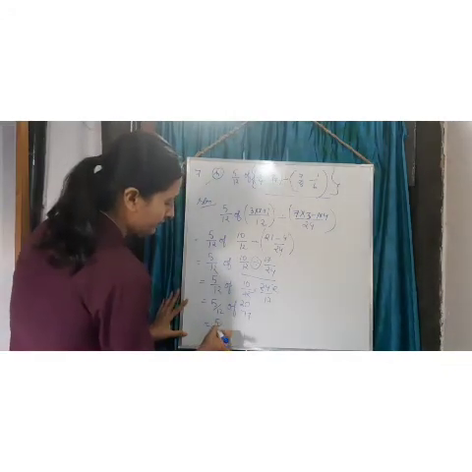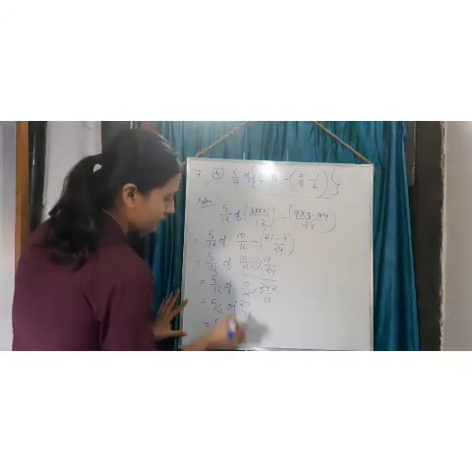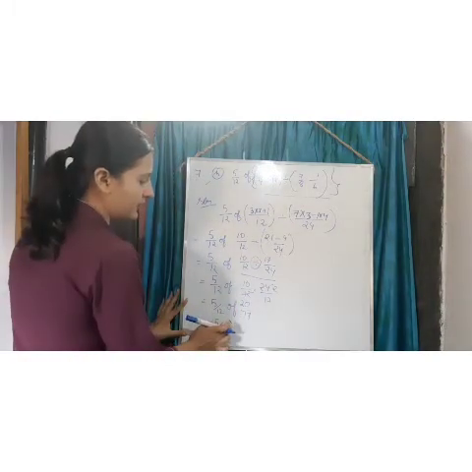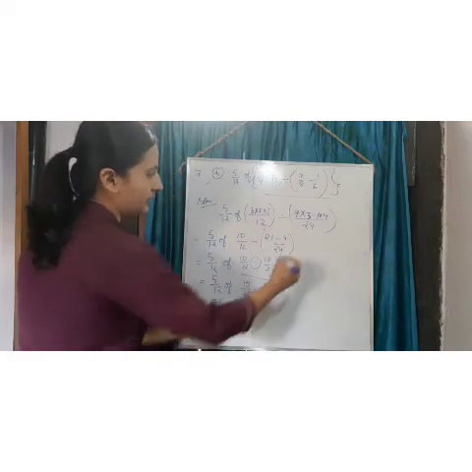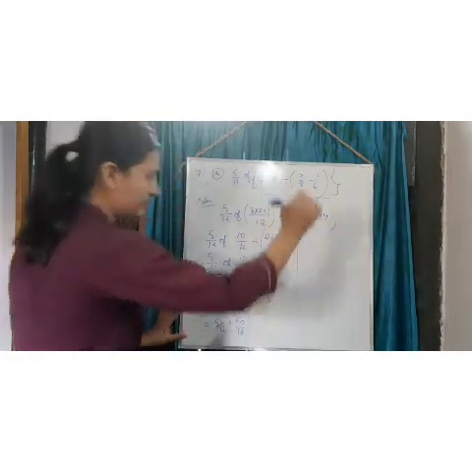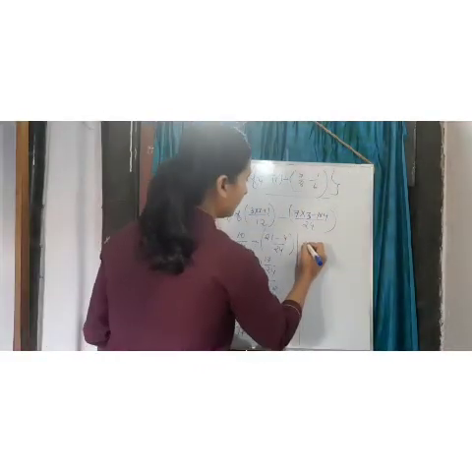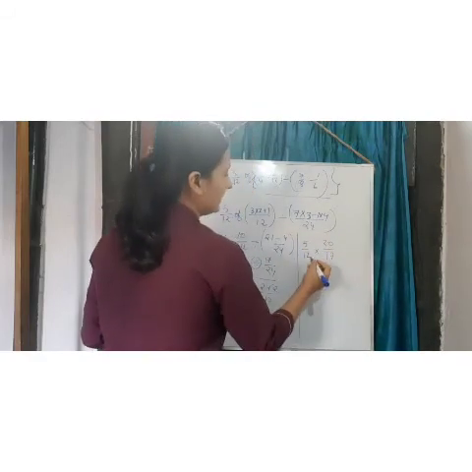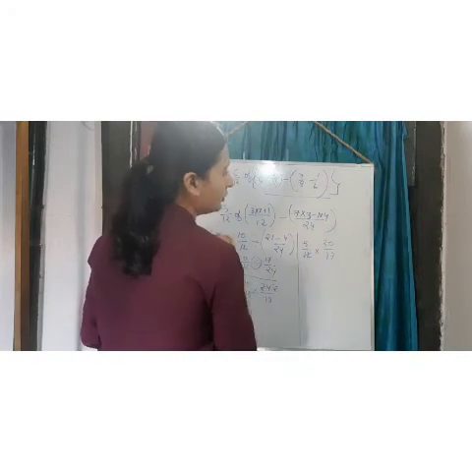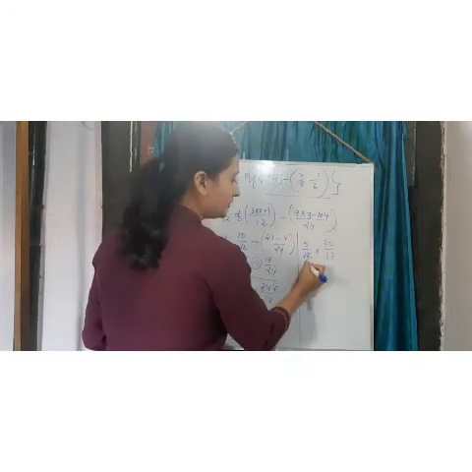Next, 5 by 12 of, in place of what we have written, into 20 by 17. Okay, so let me just solve this here. So 5 by 12 into 20 by 17. Correct? Now 2 6s are 12. Okay.